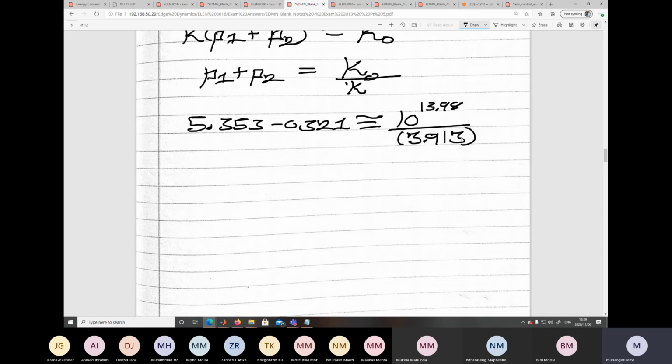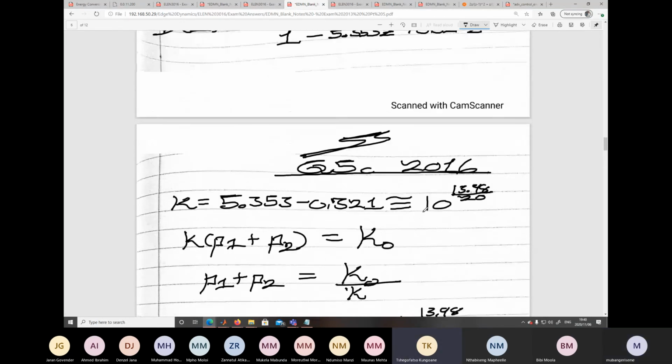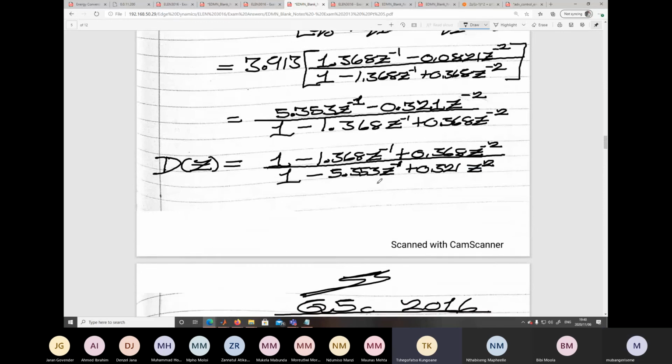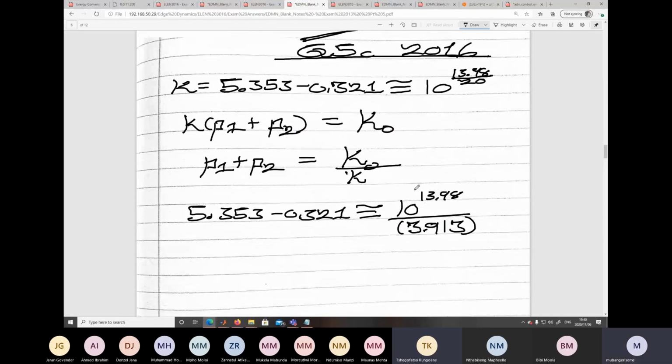I do not have a calculator with me, but if somebody could please put that into Wolfram, I'd be ever so grateful. Sorry, Bangs, is this supposed to be 10 raised to the power of 13.98 divided by 20? Could you just repeat that? The 13.98, is that supposed to be divided by 20?